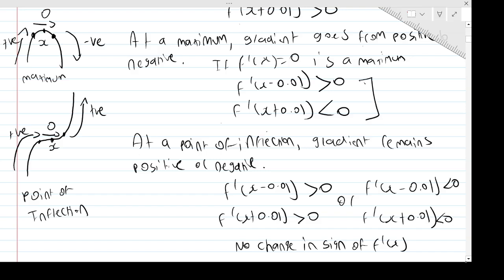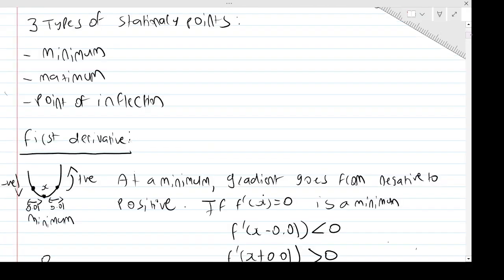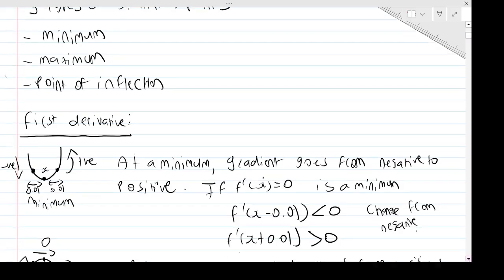Whereas in this example with a maximum, it changes from positive to negative. And for a minimum, the sign changes from negative to positive. And that's it, right? So we can use the first derivative by looking at the change in sign.